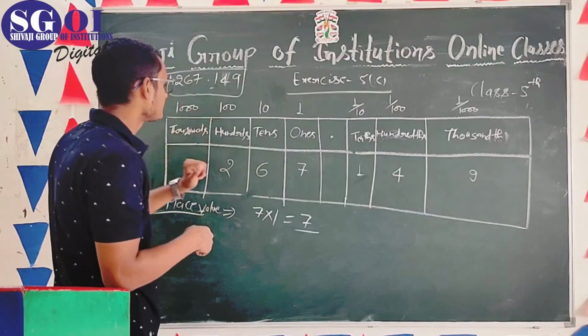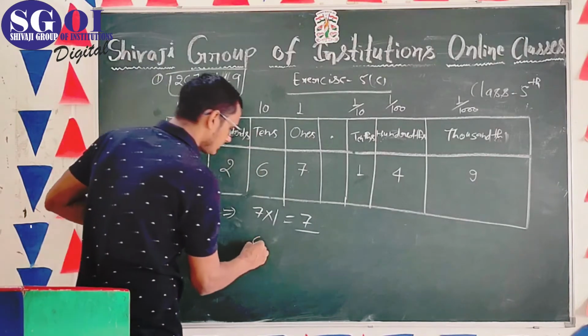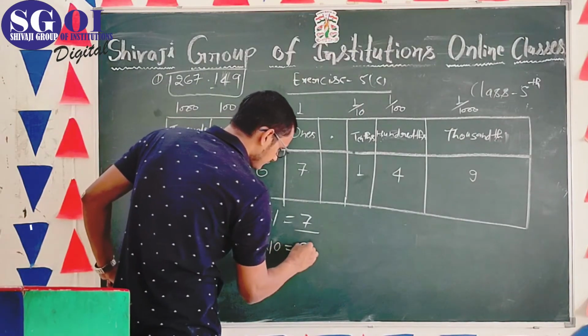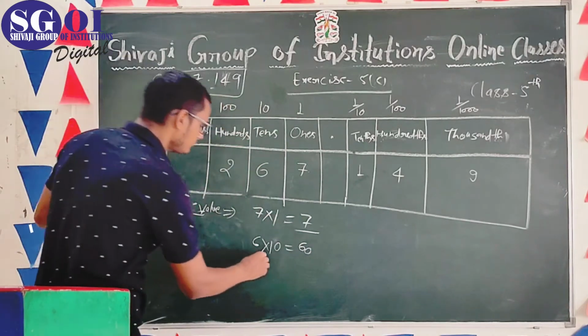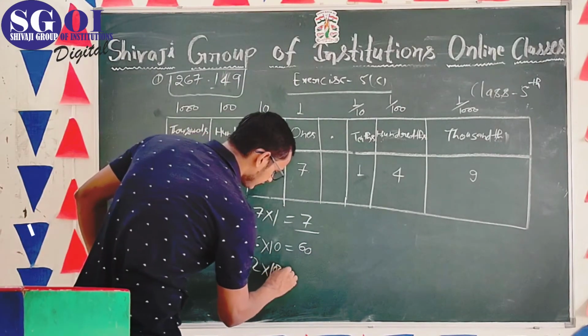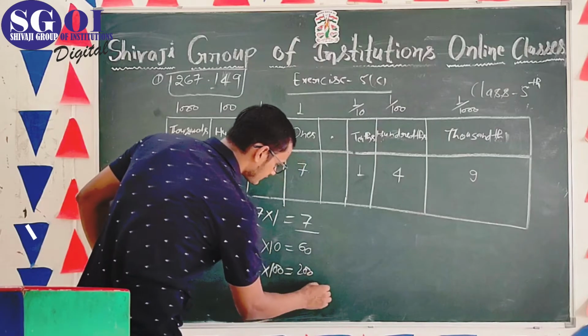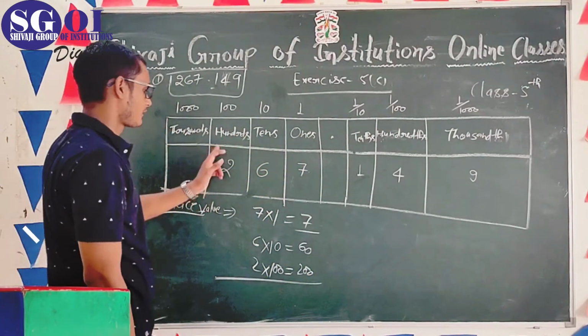The place value of 6 is in tens place, so the place value of 6 is 60. The place value of 2 is in hundreds place, so it is 200.